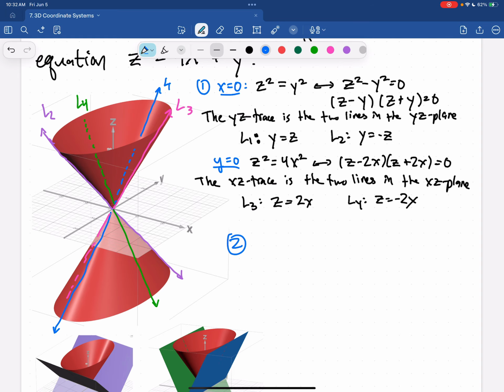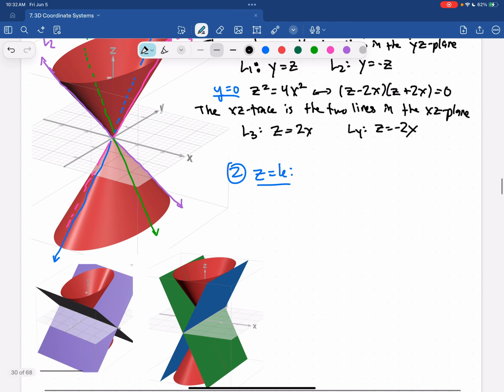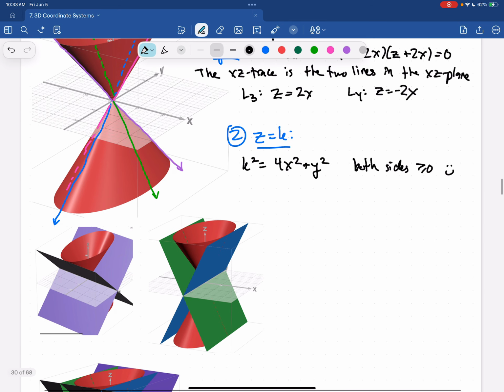Then, finally, we can look at the z is equal to k cross sections. For this, if we have k squared is equal to 4x squared plus y squared, we have both sides greater than or equal to 0. So it's always going to be possible to satisfy it for any value of k.